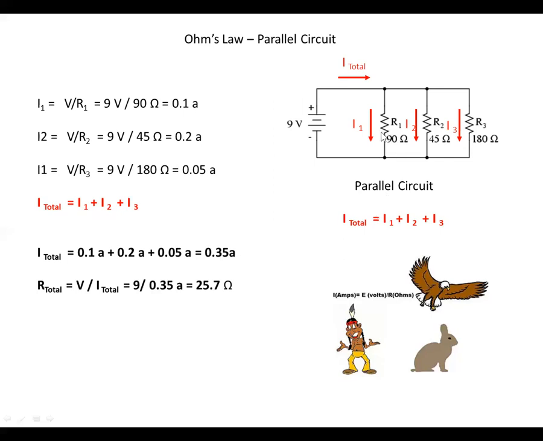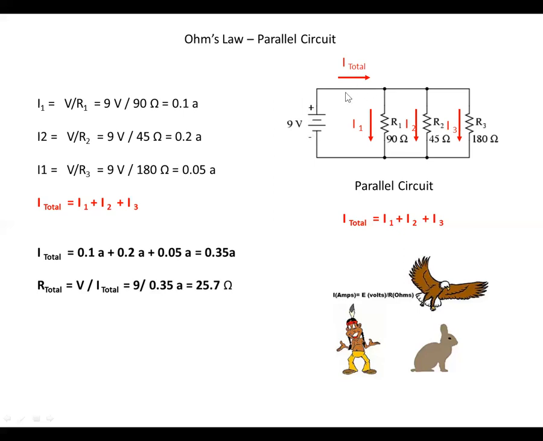So if we wanted to calculate the effective resistance of these 3 resistors in parallel, imagine that you're the battery and you're looking down the wire here, and you see 0.35 amps flowing, and you know you're a 9-volt battery.